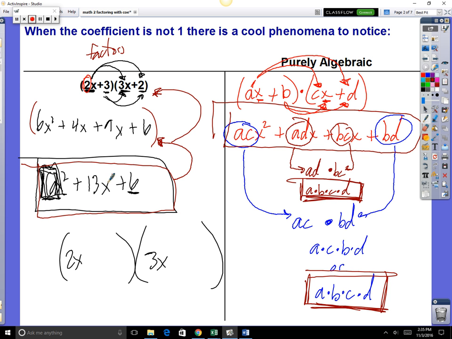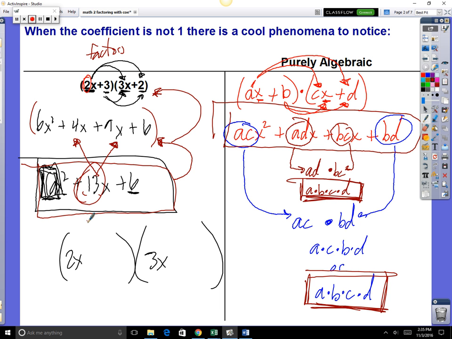So here we go. You're going to take the middle, 13x, and break it up into 2 pieces. Now what you know about these 2 pieces is they must add and give you 13x's. But check it out.